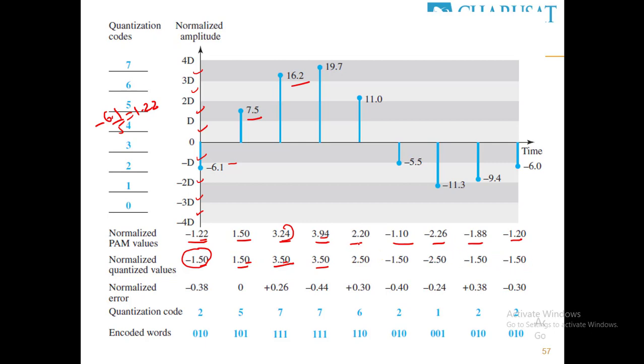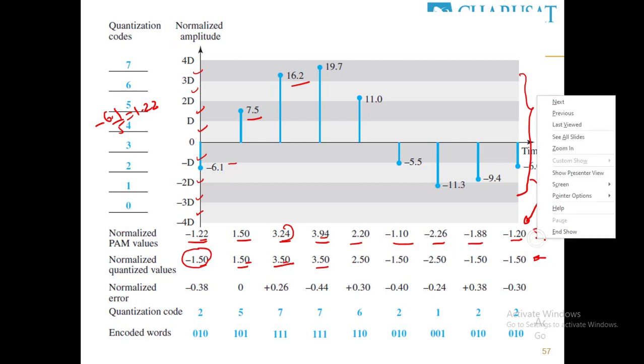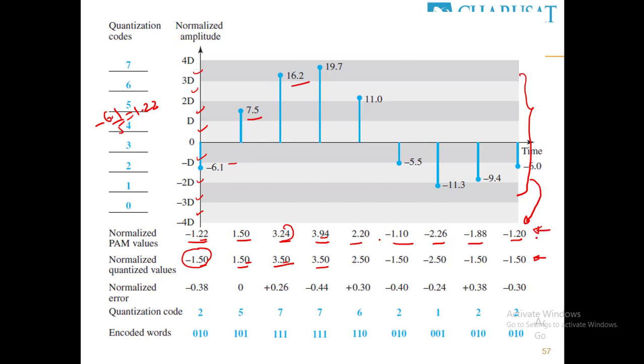Now what we have done is go from infinite to some finite set. A longer range we have mapped to a shorter range. The number of value combinations may be infinite, and from those infinite combinations we reach some finite combinations. That's known as the normalized quantized value.